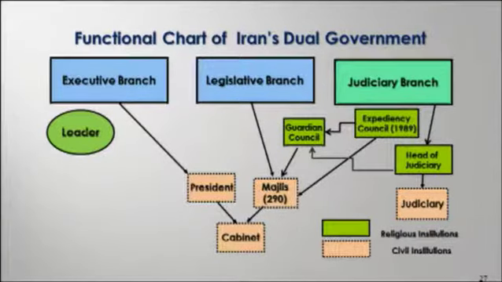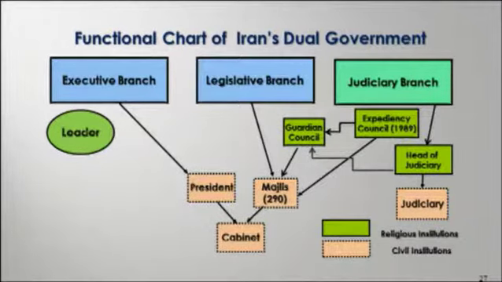The leader has been granted very broad appointive and dismissal powers in terms of appointing officials and dismissing them, both in the elected and appointed segments of the government.